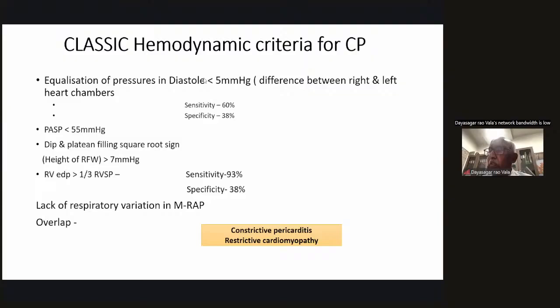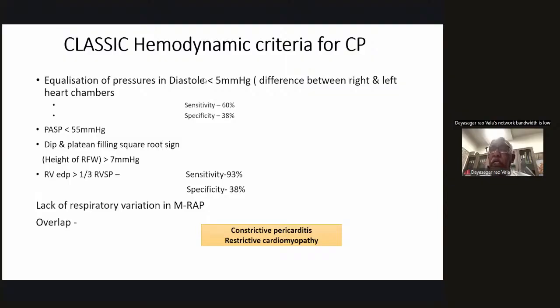There is no differential effect. So all of them act like a single unit, and the pressures are elevated and equal. But a lot of other conditions also do this. So the sensitivity of that parameter was only 60%, and equally importantly, the specificity was only about 38%. Meaning it is of no use in differentiating restrictive cardiomyopathy from constriction based on that.